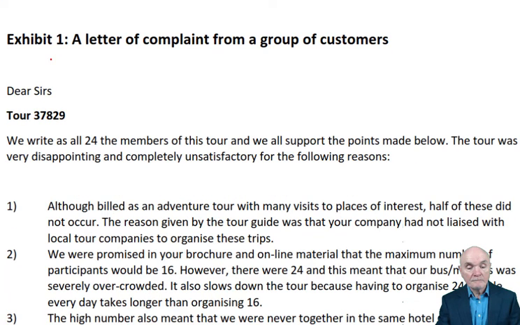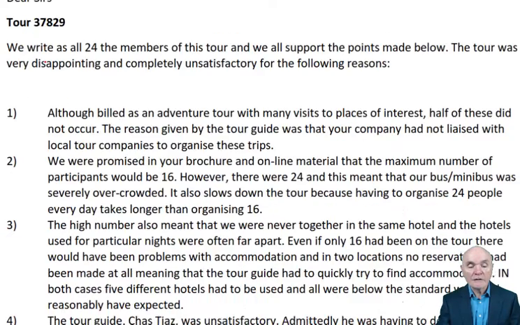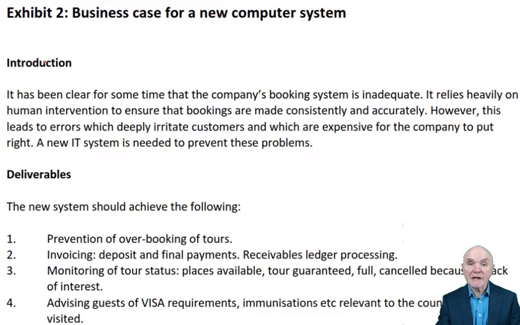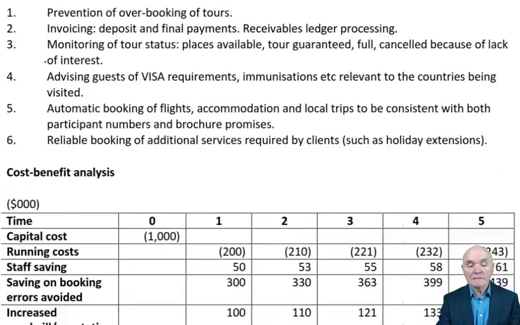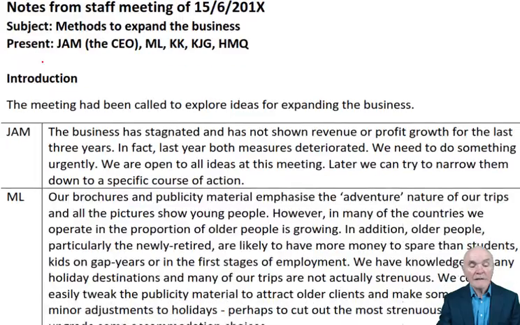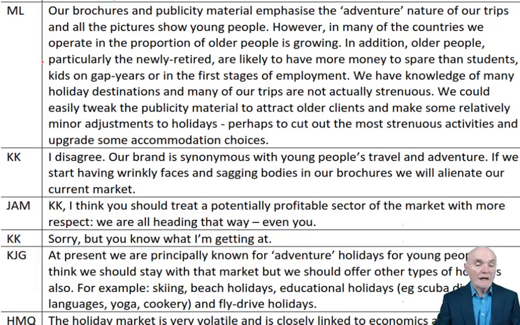And then we get on to looking at the exhibits. First one is a letter of complaint from a group of customers. And then the second one is a business case produced internally, suggesting we should have a new computer system. Then the third one, notes of a meeting with various participants and what they've suggested, and like that.